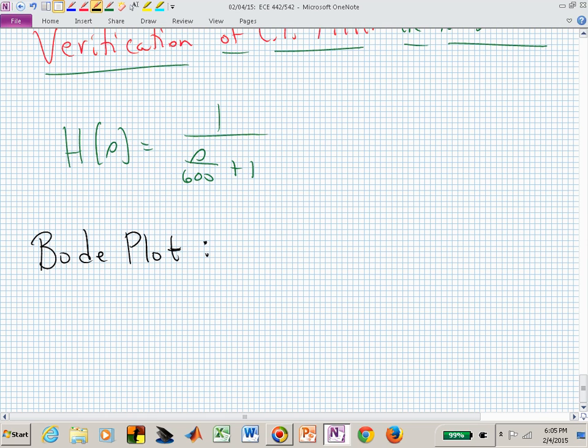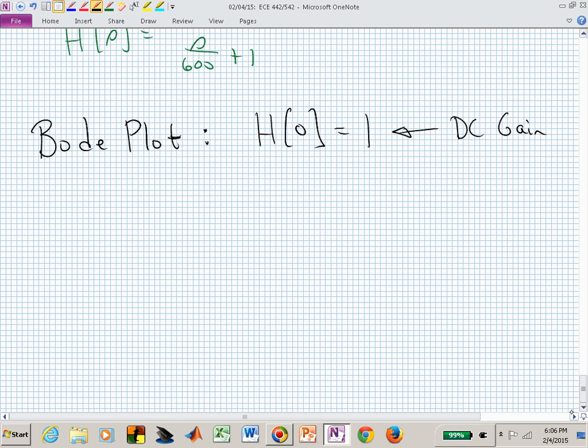What's this doing at low frequencies, this transfer function? We have a DC gain of 1, don't we? And on a Bode plot, what does that mean? At low frequencies, we're going to be starting at 20 log of 1, which is 0 dB. We're going to be flat.